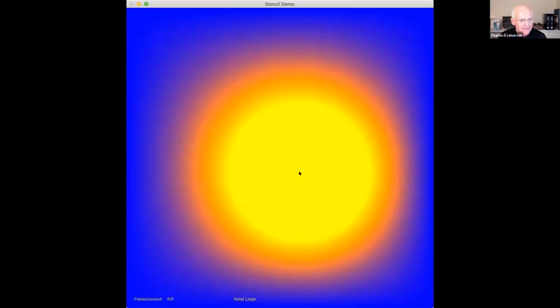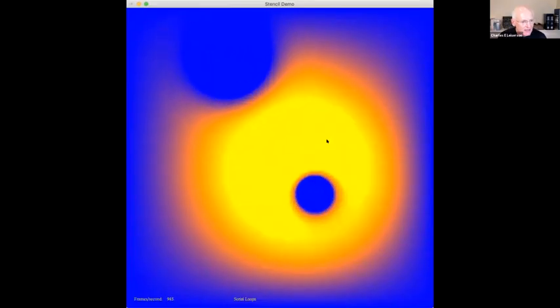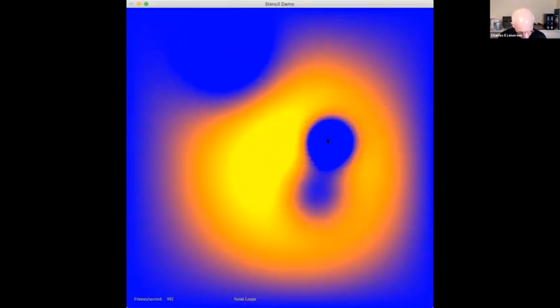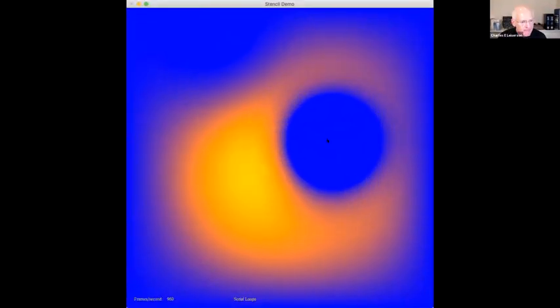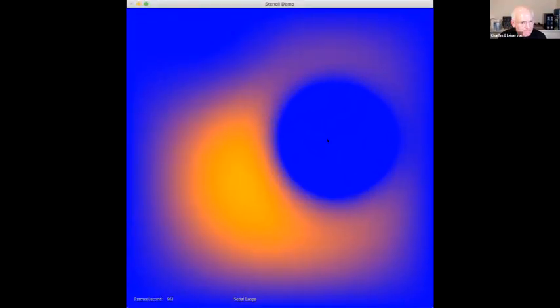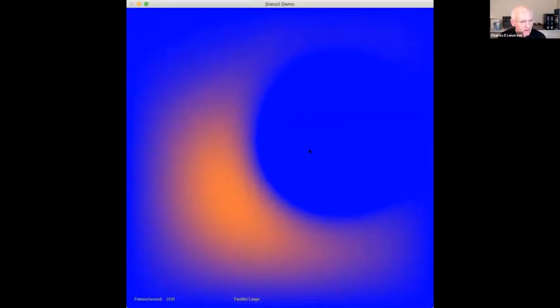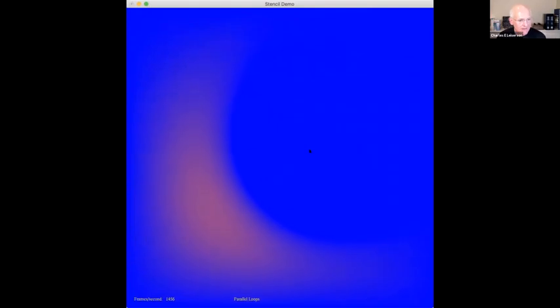So there's the serial, and there's the parallel. We're getting about 1.5 times faster on 8 cores with the parallel.